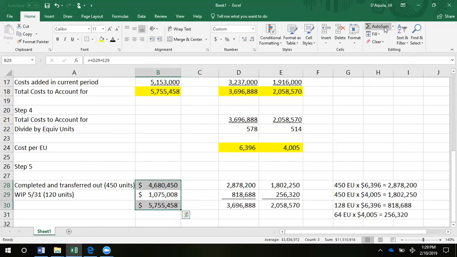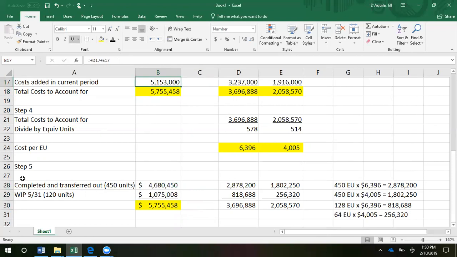All in all, $5,755,458 worth of costs. And that ties back to this number here, total cost to account for. And then we finished step 5.